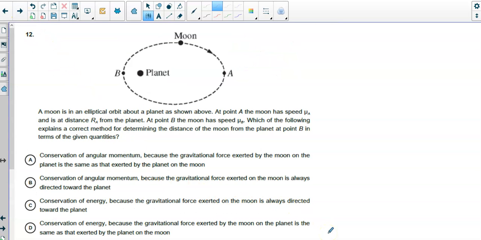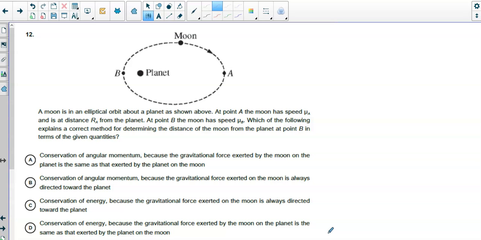The moon is in an elliptical orbit around a planet as shown above. At point A, the moon has a speed v_A and a distance r_A from the planet. At point B, the moon has a speed of v_B. We call that a v, I don't know why we're using mu, but all right.